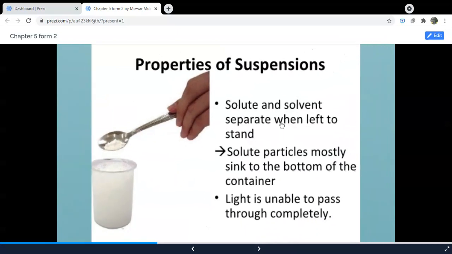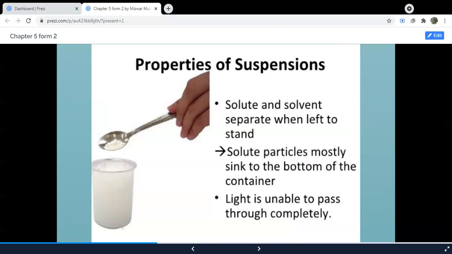Solute and solvent separate when left to stand. Solute particle mostly sink to the bottom of the container. And light is unable to pass through completely. Dia sama juga macam dengan bila kamu bancuh air Milo. Air Milo pun boleh dikategorikan sebagai suspension.